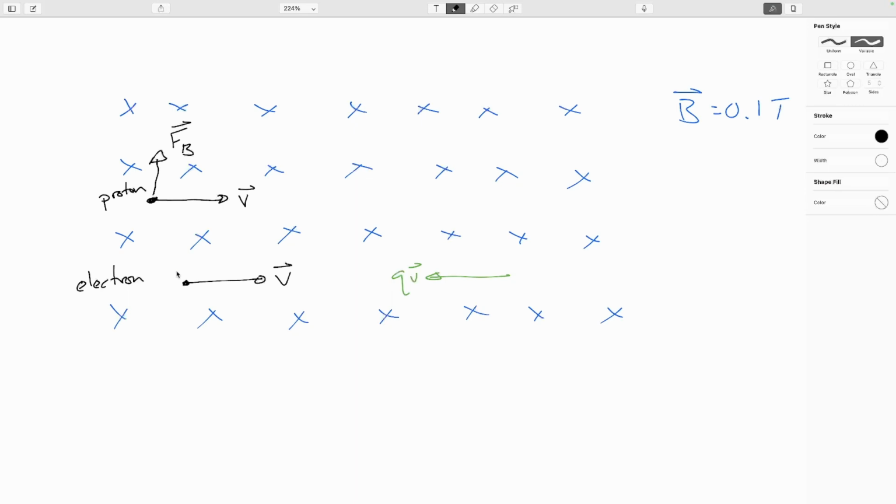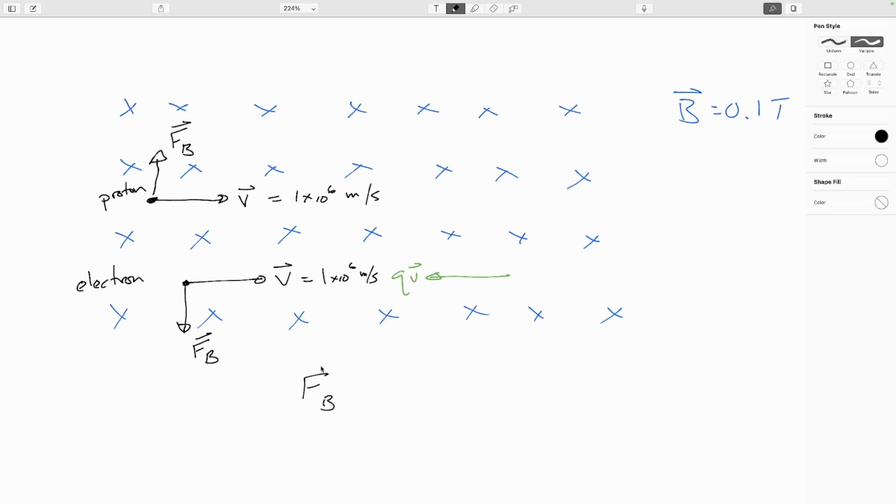When you do that, you'll get that the magnetic force points down. So now let's say for both of these that the particles are moving each at 1 million meters per second. Let's go ahead and figure out what the magnetic forces would be.